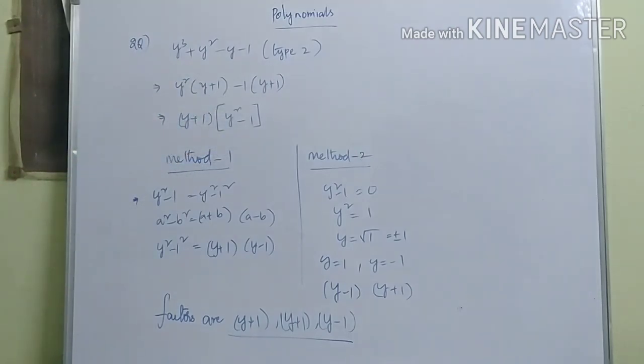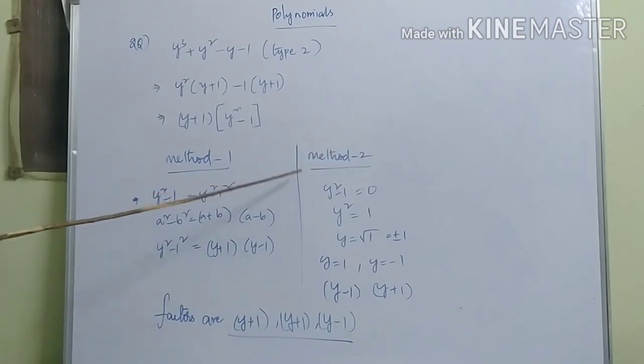This is method 1 to solve this type of y square minus 1 expression. So y square minus 1 is in the form of a square minus b square, that is equal to a plus b into a minus b. Here y square minus 1 square is equal to y plus 1 into y minus 1.